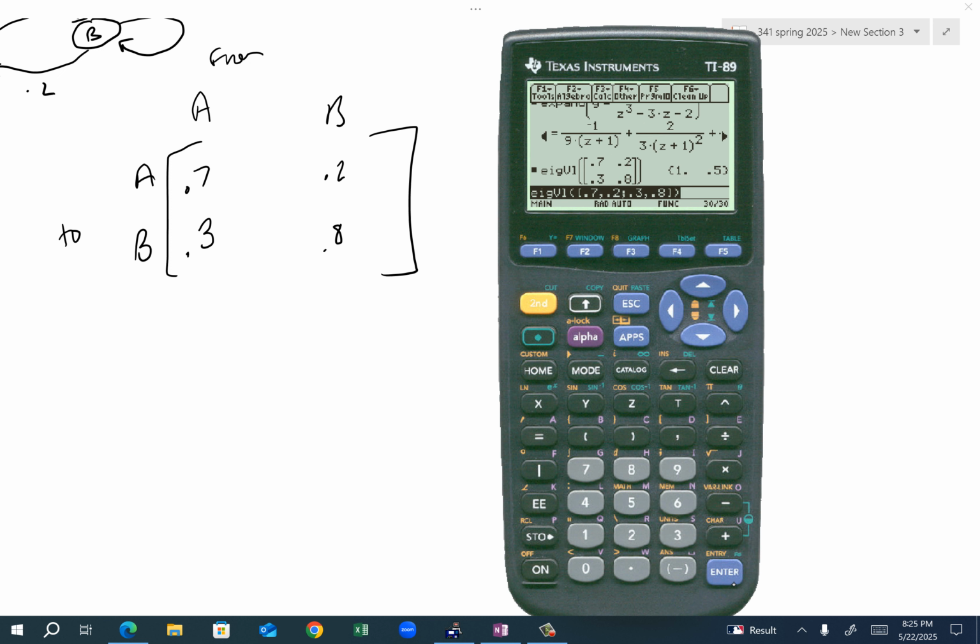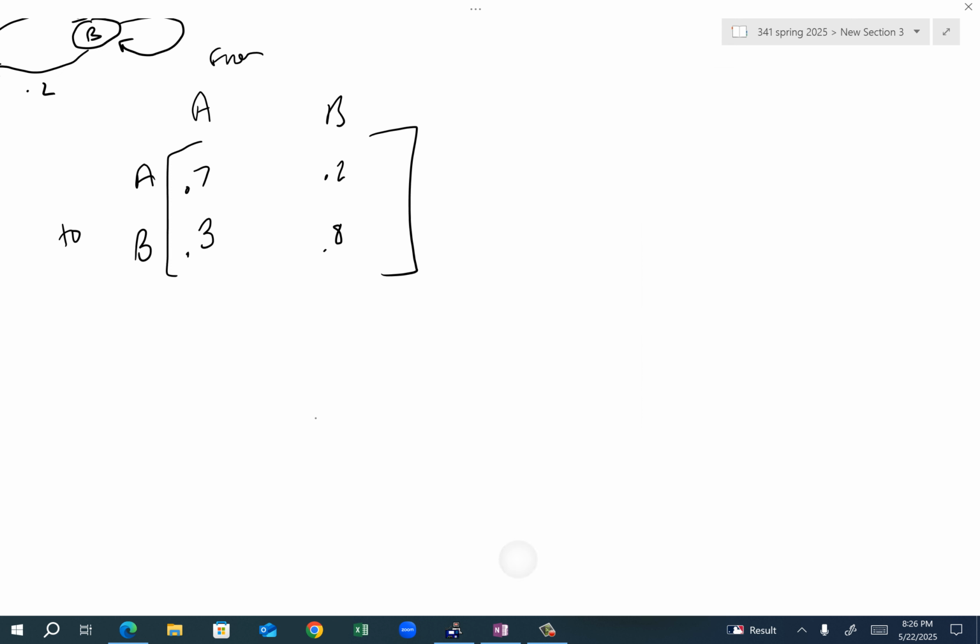It turns out that every Markov matrix will always have 1 as one of its eigenvalues, and the other one will always be less than 1 in absolute value. So one lambda is always 1, and the other lambdas, the absolute value is always less than 1. That's a fact. Always going to be true. Just keep that in the back of your head.